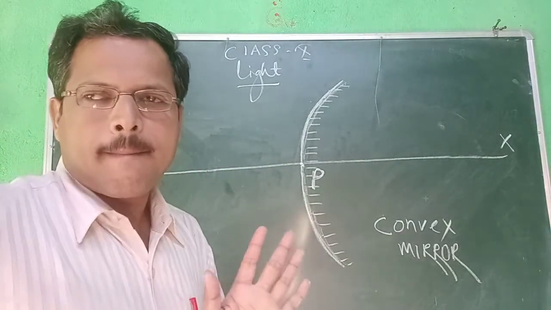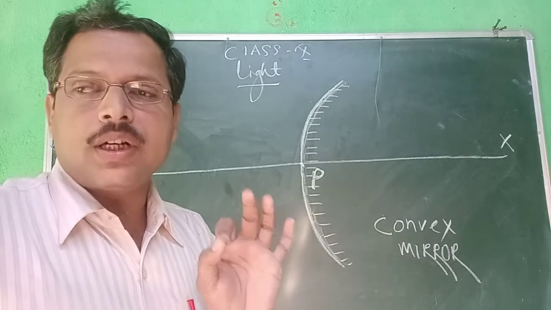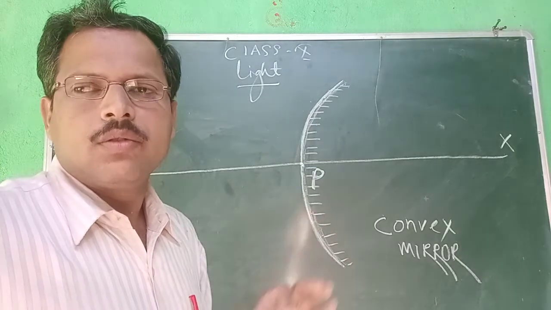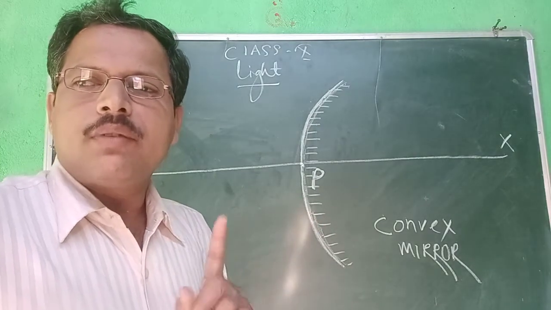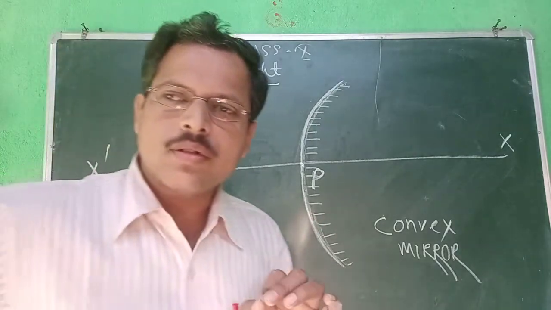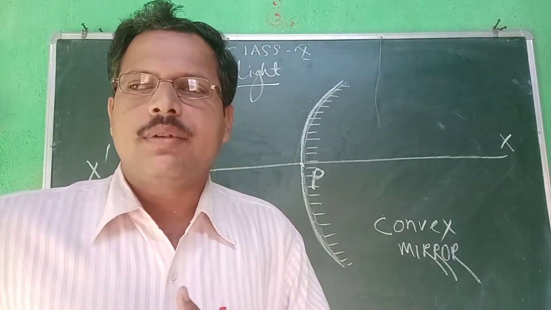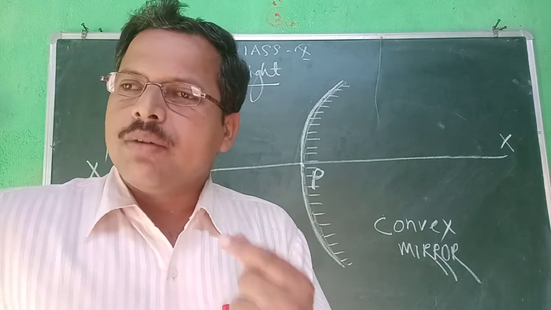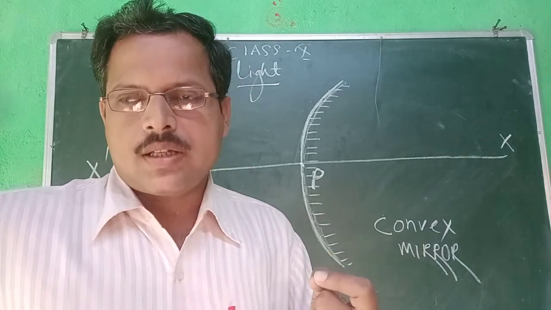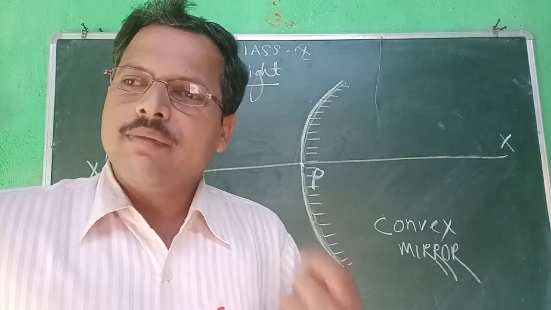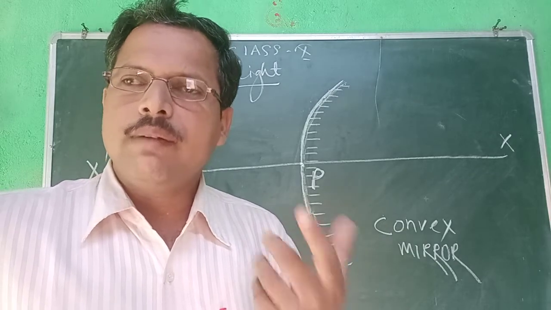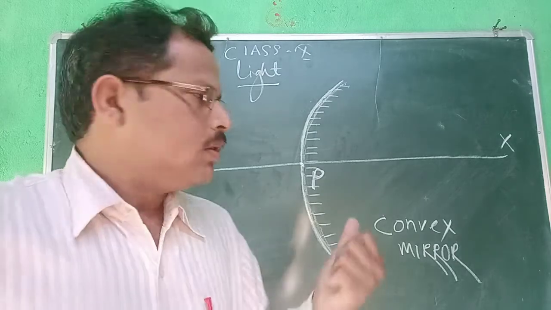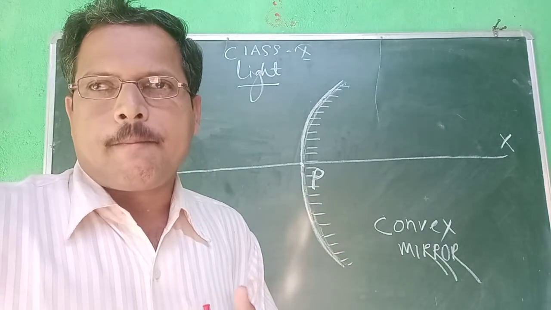Next, principal focus, another important term in this topic. What is the principal focus? As I told earlier in my previous video, rays coming parallel to the principal axis, after reflection, pass through the principal focus.